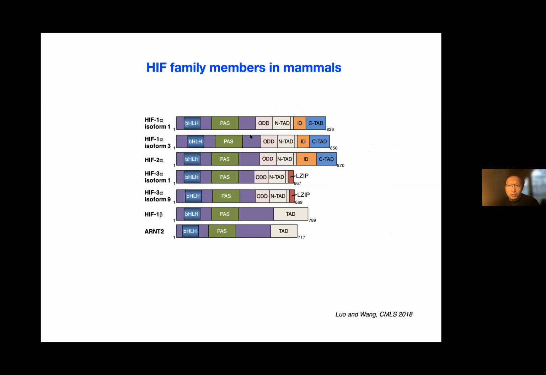From the protein structure, you can appreciate the similarity between HIF1 alpha and HIF2 alpha, so it's not surprising they share many common functions in response to hypoxia. The function of HIF3 alpha is largely unknown, mainly because so many distinct splicing isoforms have been shown in cancers.